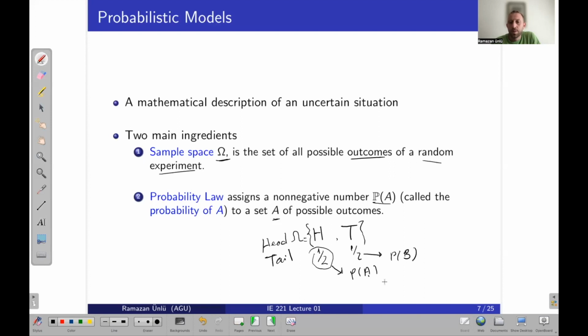And what is A here? A is an event, and this event is getting head, right? And this is getting tail. So these are the events. So I think it's more concrete now: what the sample space, probability law, and event are. So let's continue.